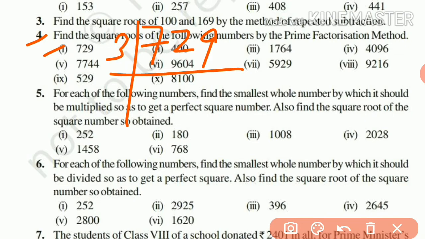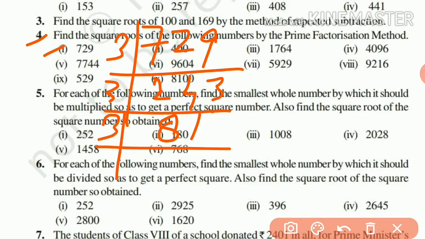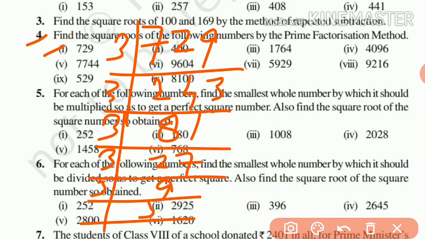It is divided by 3, and 3 2s are 6, 3 4s are 12, and 3 3s are 9, and then again 3, this is 27, and then by 3, 3 9s are 27, and then by 3, 3 3s are 9, and last 3, this is 1. So here is 1 pair, 2 pairs, and 3 pairs of 3.